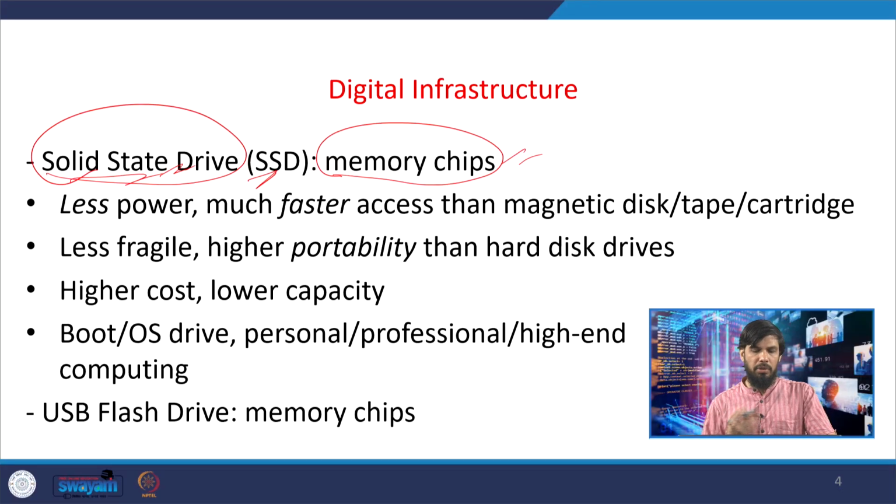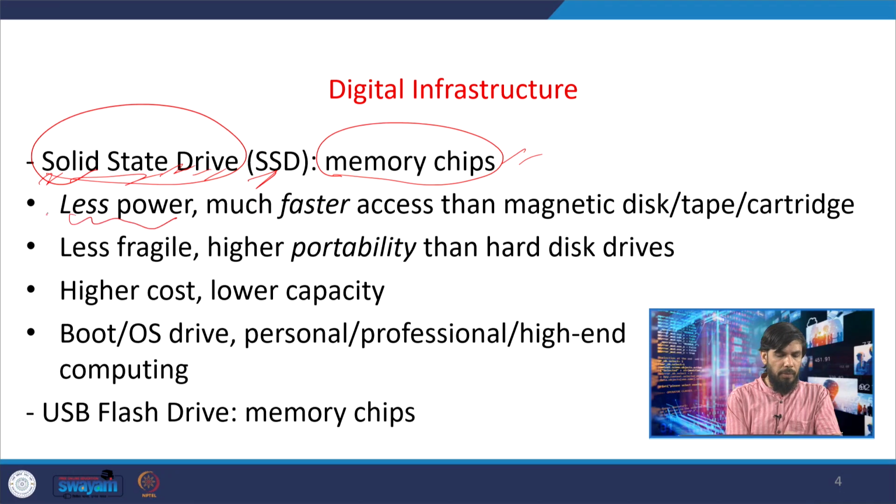CPU for processing and memory, the primary storage, for storing. Now the kind of technology that we use in the primary storage, the same one we can also use for the secondary storage. Then it is referred to as solid state drive. That is the common hardware product we have for secondary storage using the same technology, memory chips. So what are the benefits?